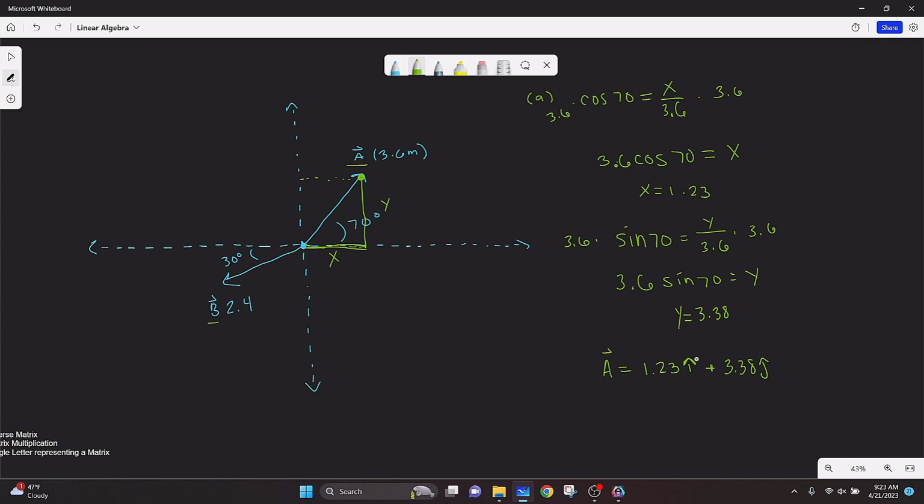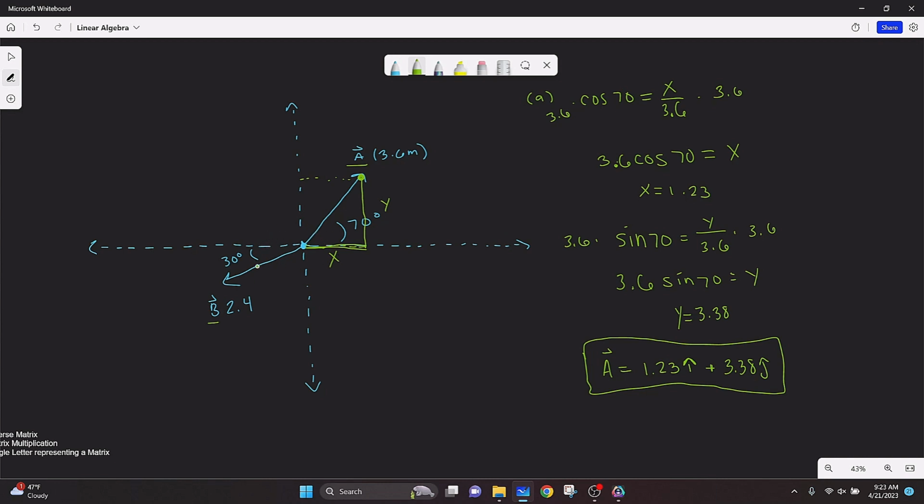And here we go. This is the vector, the coordinates. 1.23 in the x direction and 3.38 in the y direction. So if you're ever given the angle and the magnitude of a vector, you can calculate its coordinates using trig ratios. Okay? And we could do the same thing for B, but that'll just take time and be redundant.